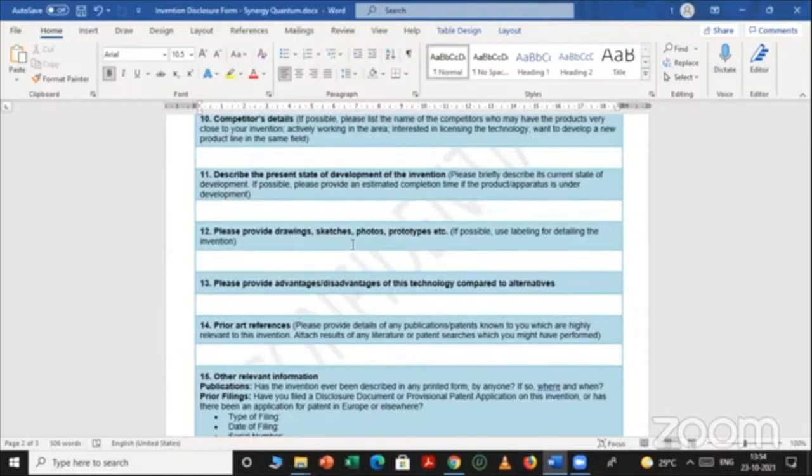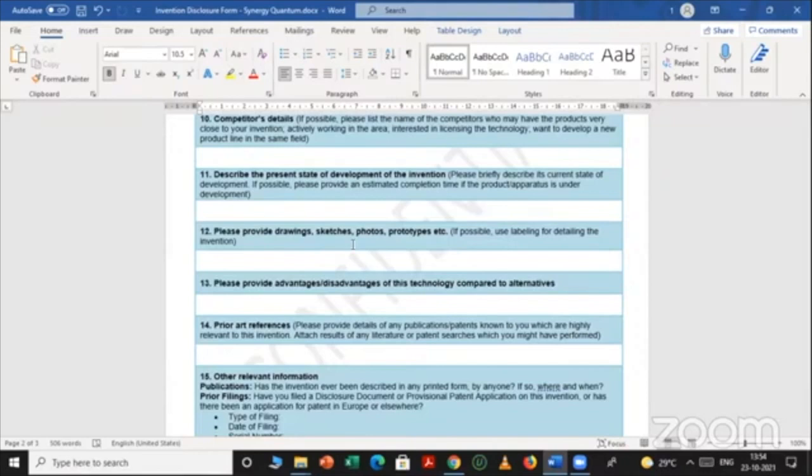They are afraid that there will be a confidentiality breach if they disclose such information, because diagrams, sketches, and prototypes give us a very good idea of what you're doing right now, and sometimes exactly what you're doing.